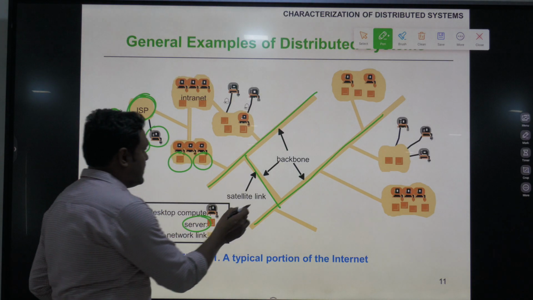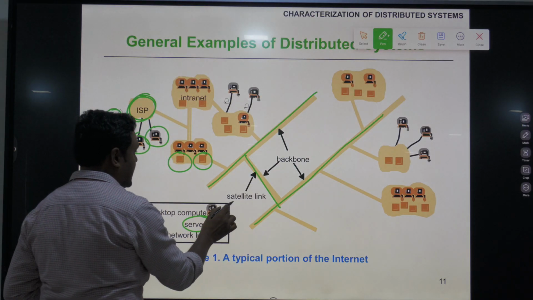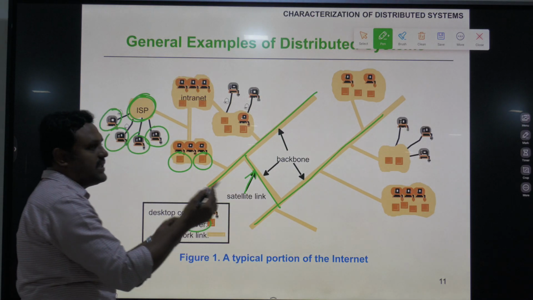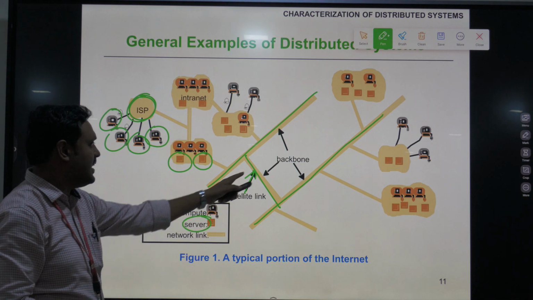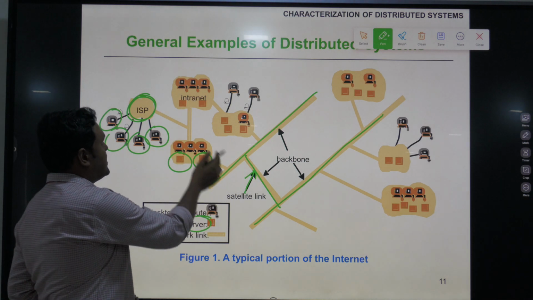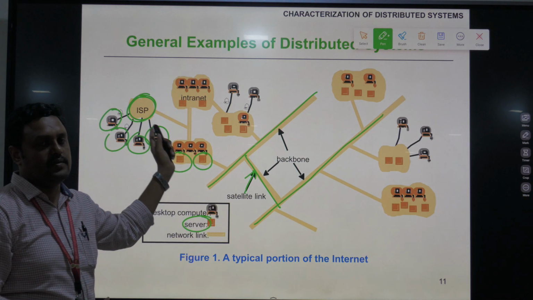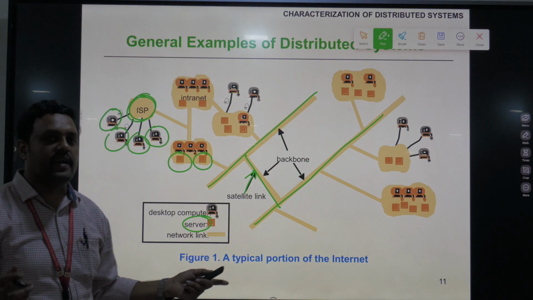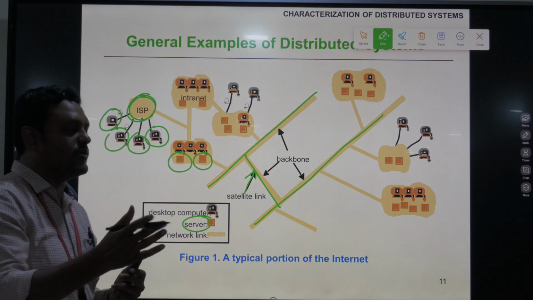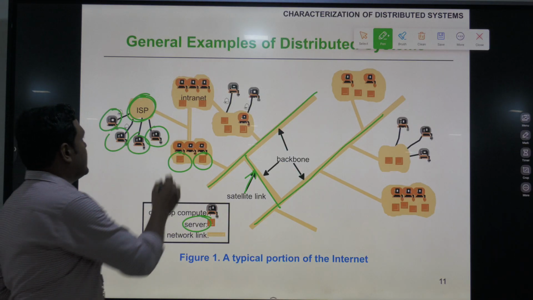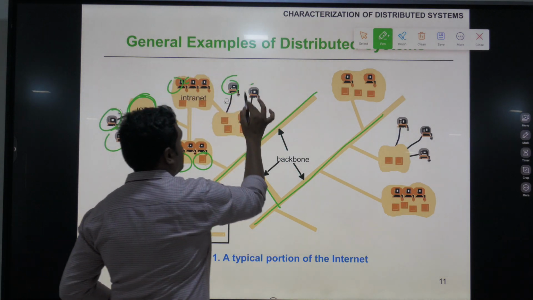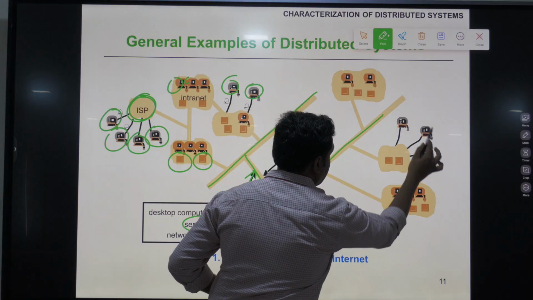Here you can see this is the backbone. This is a satellite link. We will receive all these internet connections from the satellite link, from where it is going to be shared to the internet service providers. Different service providers will take different bandwidths and they will share to the end users. These are all the end users who are accessing the internet.